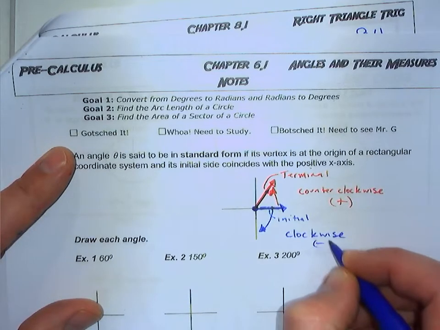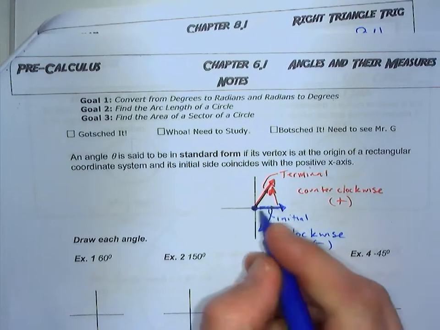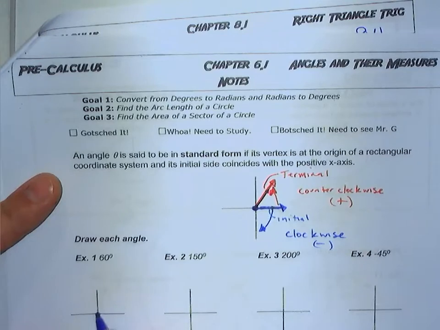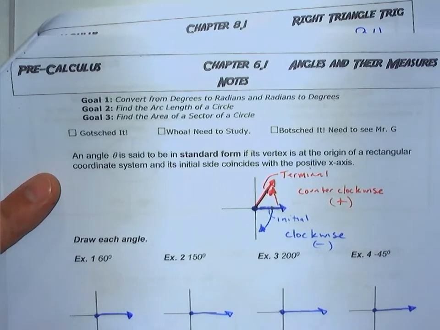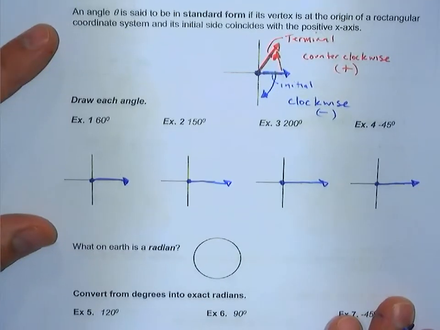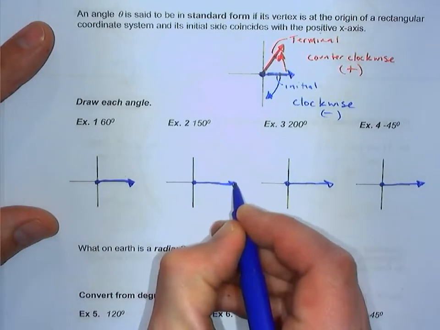You'll see that that's a negative angle. Okay, so this is our initial side. That's going to be right there every time if it's in standard form. So I'm going to go through and draw all of my initial sides in all 4 of these. And you can too, so go ahead and draw these out right here.